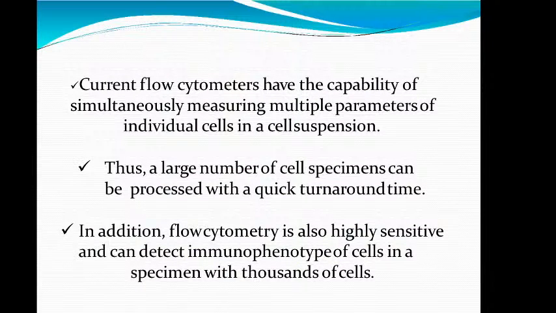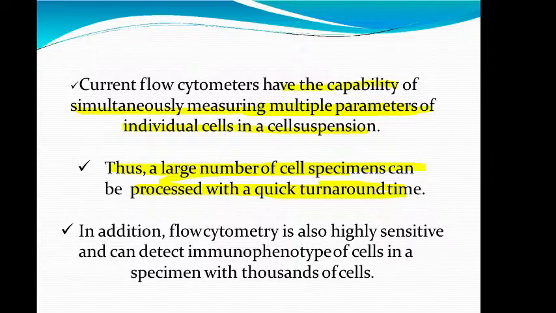So current flow cytometers have the capability of simultaneously measuring multiple parameters of the cells in a cell suspension. Thus, a large number of cell specimens can be processed with a quick turnaround time. So instead of working on a single cell, we are able to work with a group of cells also.